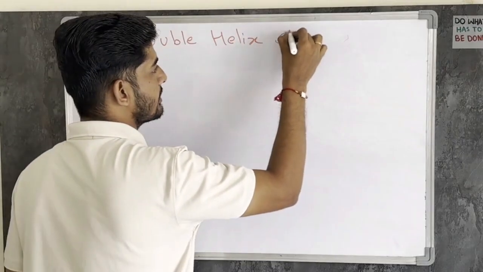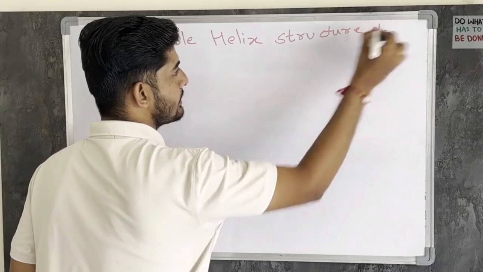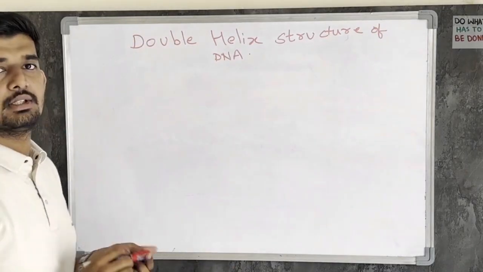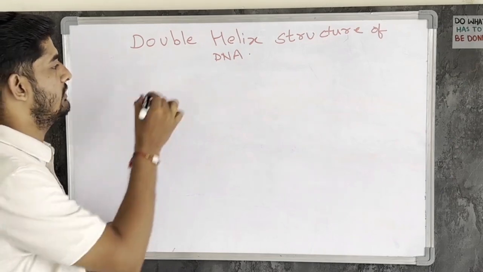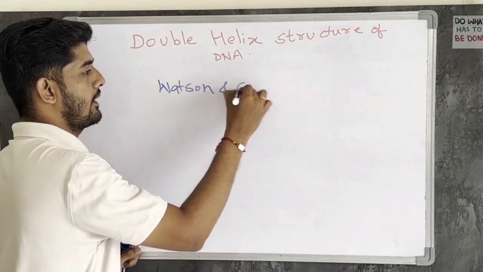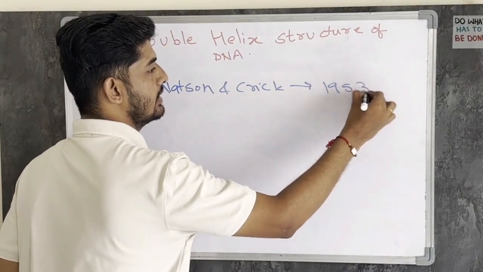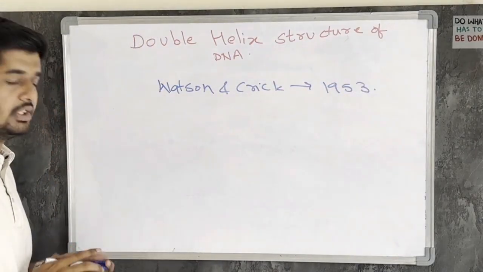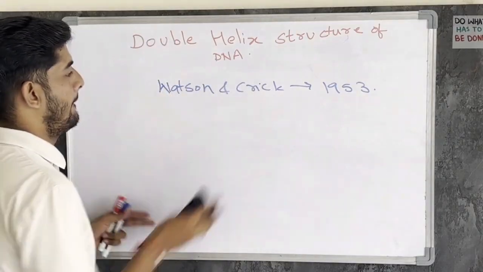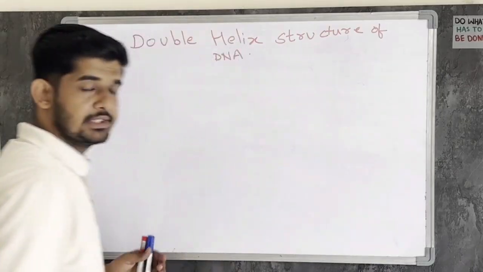The double helix structure of DNA was given by Watson and Crick in the year 1953. Now we will see the features of the double helix model one by one. The double helix model was given by Watson and Crick.